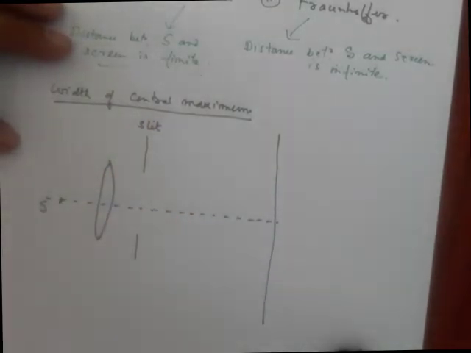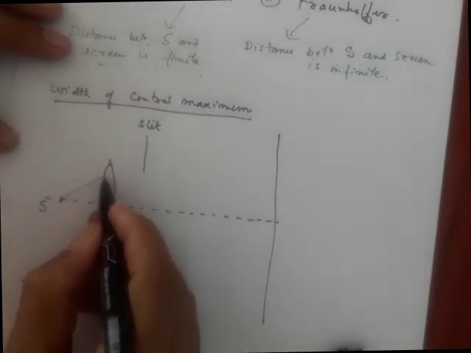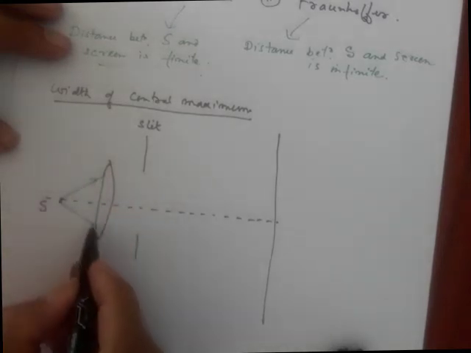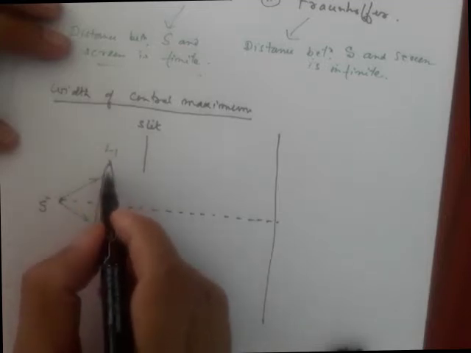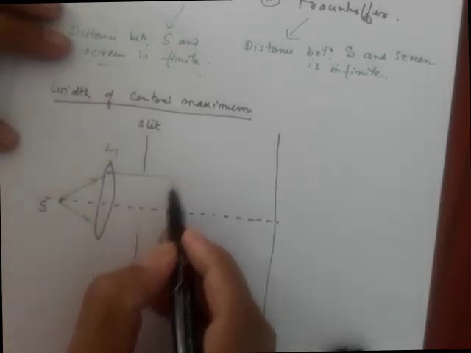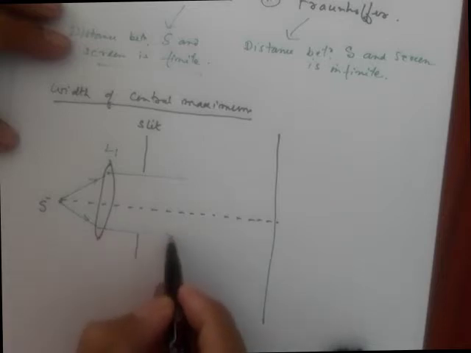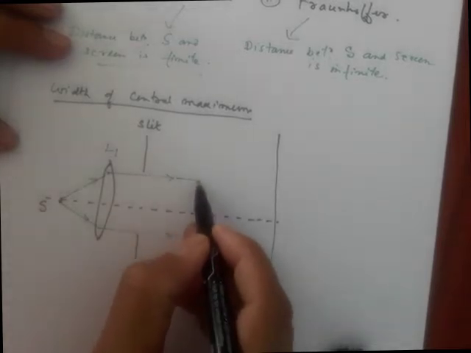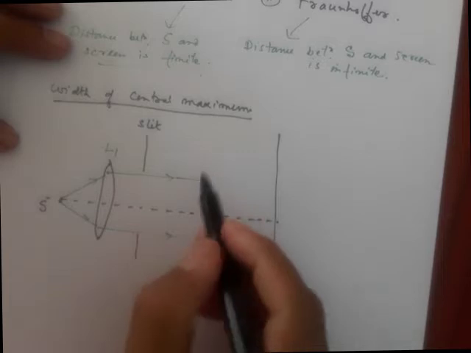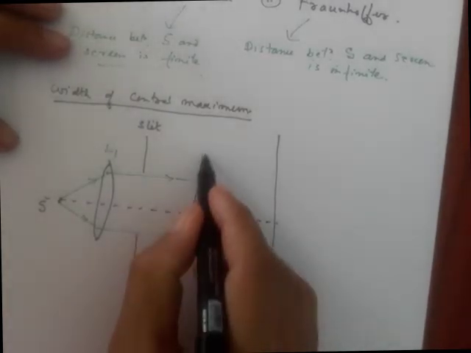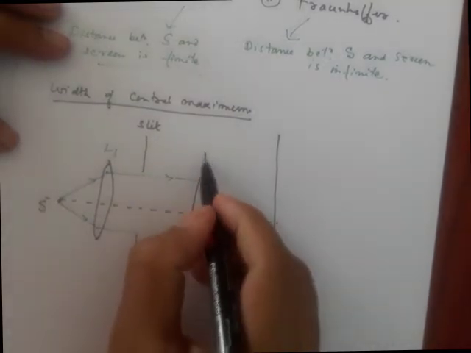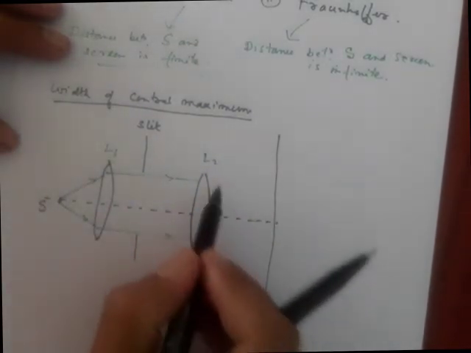Then you take a ray of light coming from the source, and after it passes through the first lens L1, the ray travels straight like this, almost a parallel line. Then this has to pass through another lens, we call it L2. The second lens is L2 here. Then the rays will be converged here.